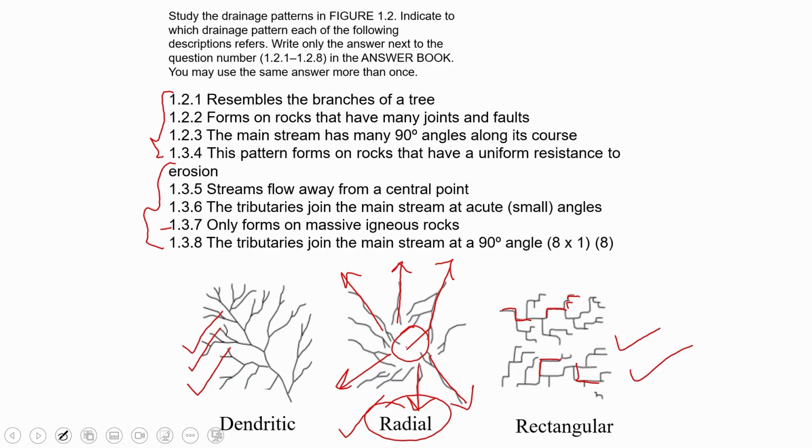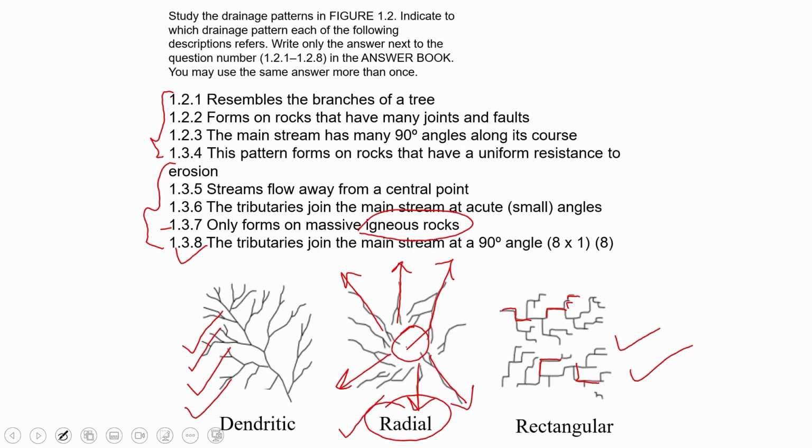Only forms on massive igneous rocks. Obviously, the examiner wanted to stress a certain point, but we know there are other rocks of uniform resistance. Massive igneous rocks are rocks of uniform resistance, and that is the dendritic pattern, dendra.